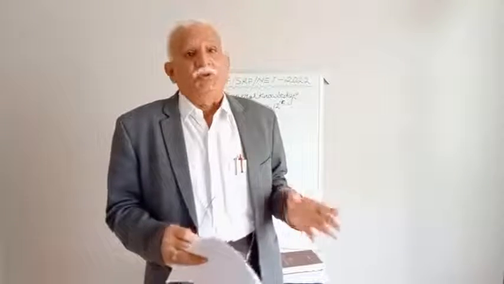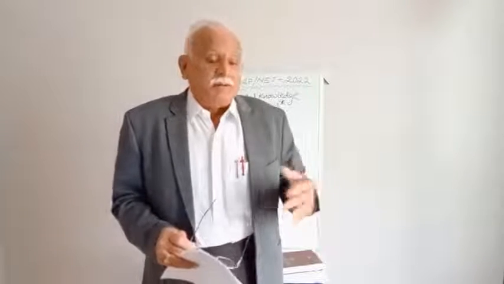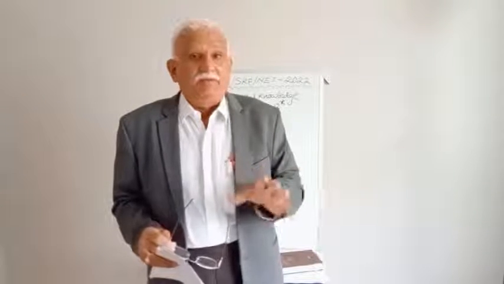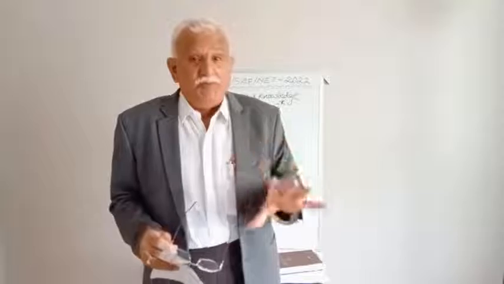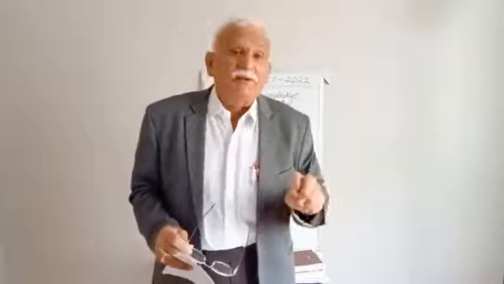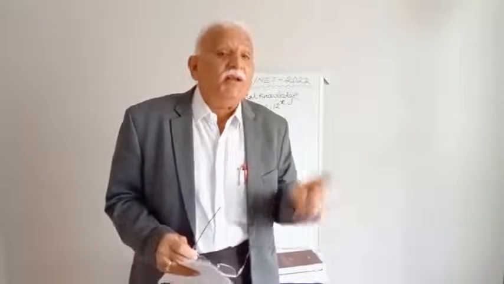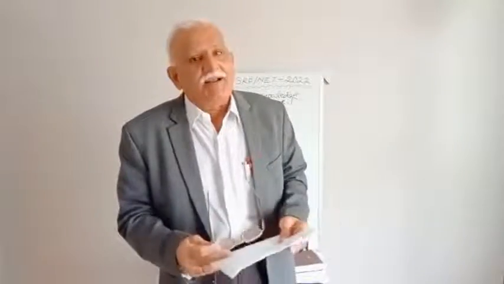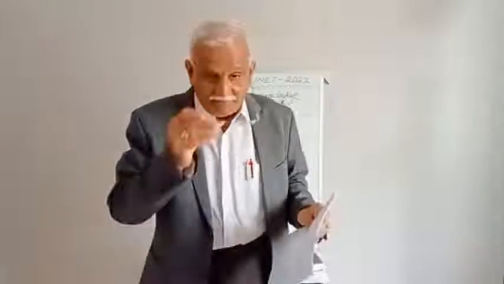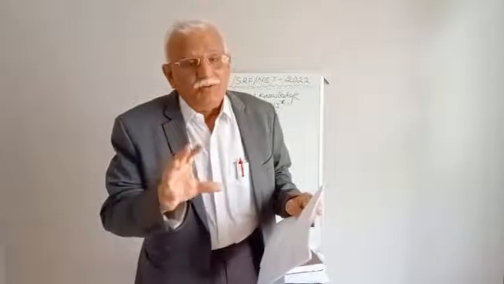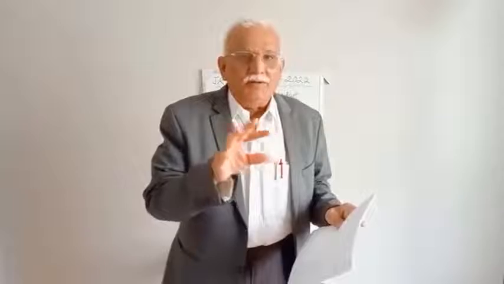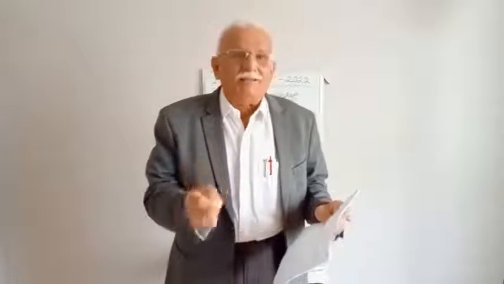In the codes you are given numerical numbers of 1, 2, 3, 4, and in that again A, B, C, D are given. So you should be very careful in picking up the answer from codes for list 1 and list 2. I try my level best to give very good clarity on how to match list 1 with list 2 and pick up the correct answer from the codes given.